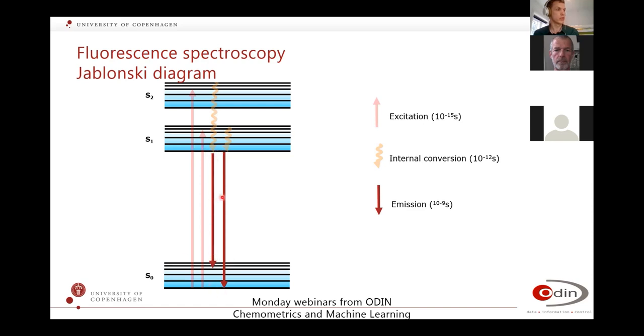And as you can see here from the two arrows, it doesn't necessarily go back to the lowest vibrational level, but it goes down to a vibrational level of the S0. And this emission, well, that happens on the nanosecond scale. And the nice thing is that this is actually possible to start measuring in systems today.